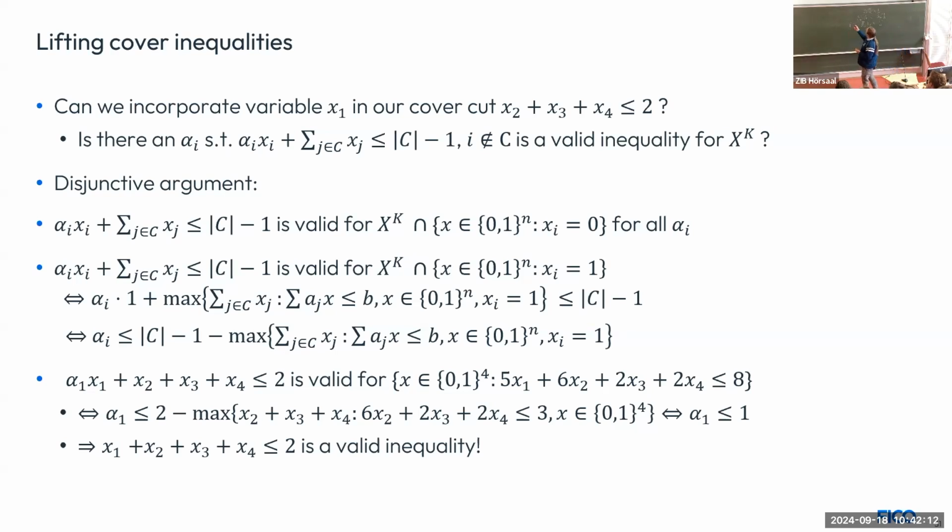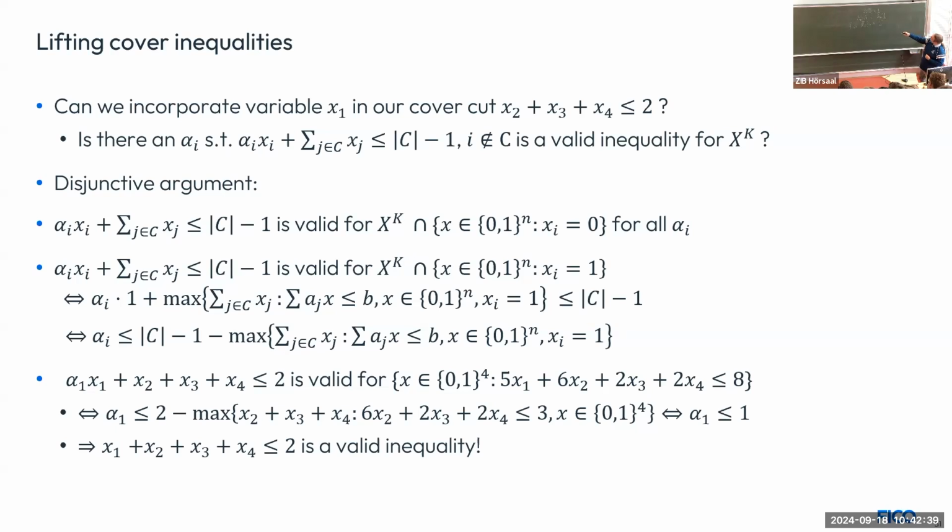The 0 case is simple because this works for every alpha, so we only need to look at the 1 case. Can we find a strictly positive alpha? Obviously for alpha equals 0 this would always work, but can we find a strictly positive alpha, assuming that x1 equals 1, so that this stays a valid inequality?